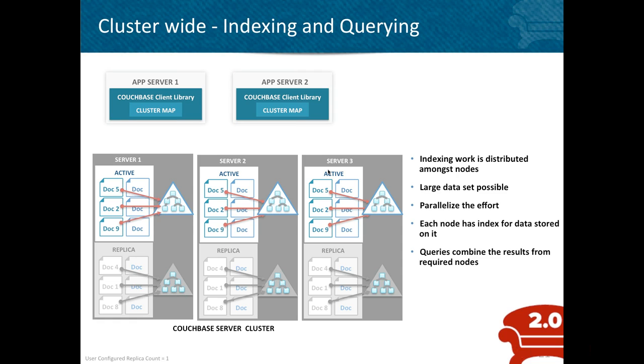When the application server makes a request, it can make that query to any one of the Couchbase nodes, which then distributes the request to all of the nodes within the cluster, gathers the responses back up, and returns to the application server as if it were a single logical database. There's no need for your application server to know where the data is or which node is responsible for it. From the application's perspective, this is all one logical database.